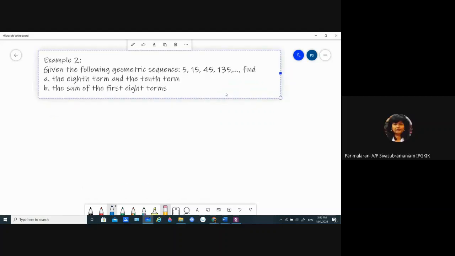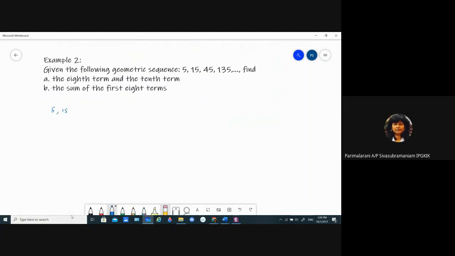Okay, this is our example for geometric progression. Given the following geometric sequence 5, 15, 45, 135, and so on. Find the 8th term and the 10th term. So we want to find T8 and we want to find T10.